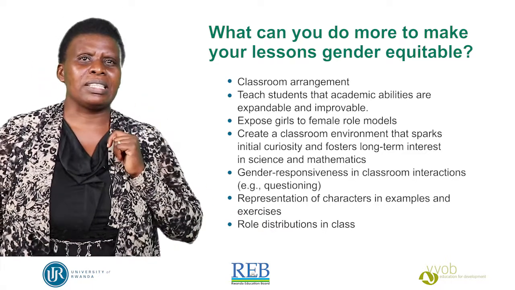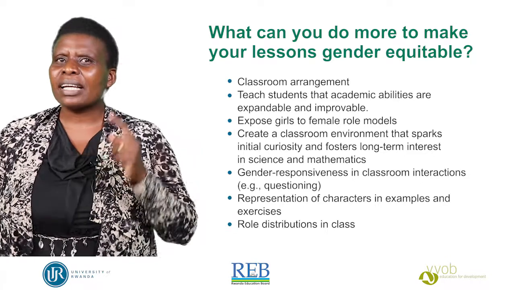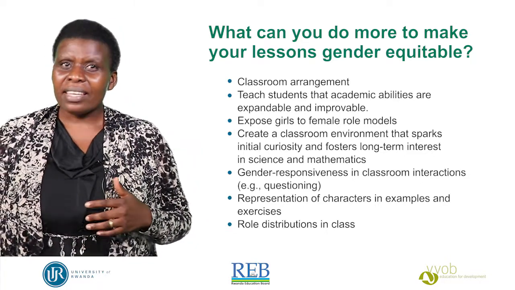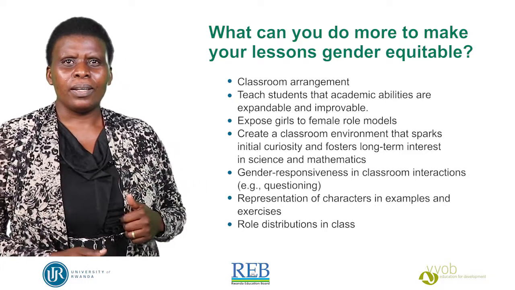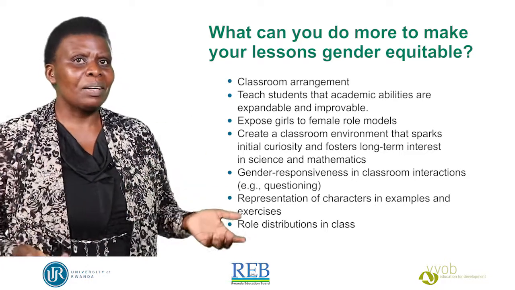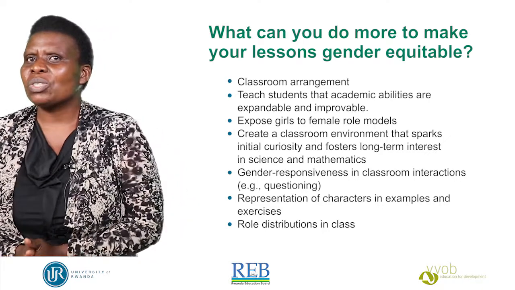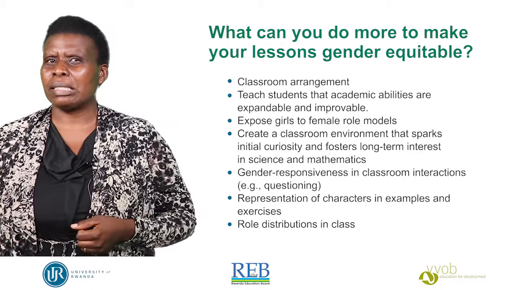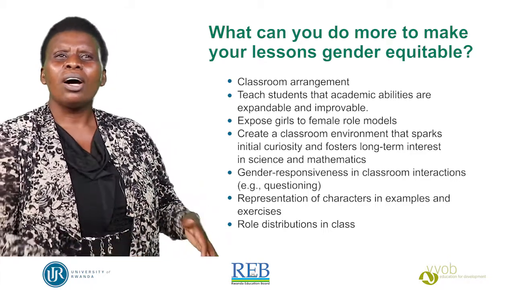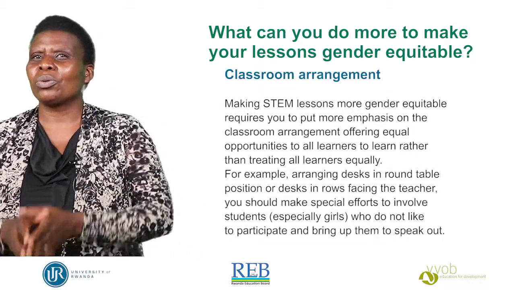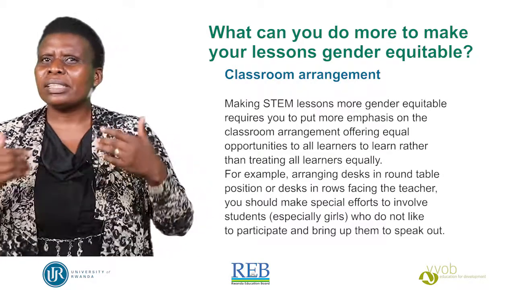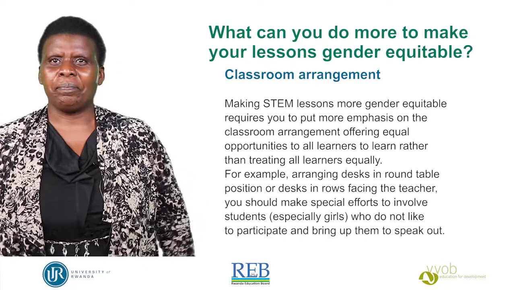The first point is related to the classroom arrangement. Making STEM lessons more equitable requires you to put more emphasis on the classroom arrangement that will offer equal opportunity to all learners to learn, rather than treating all learners equally.